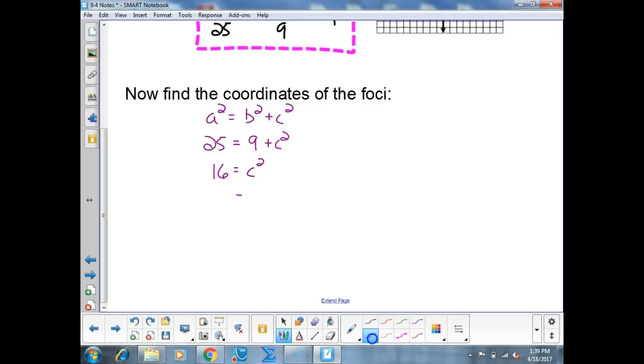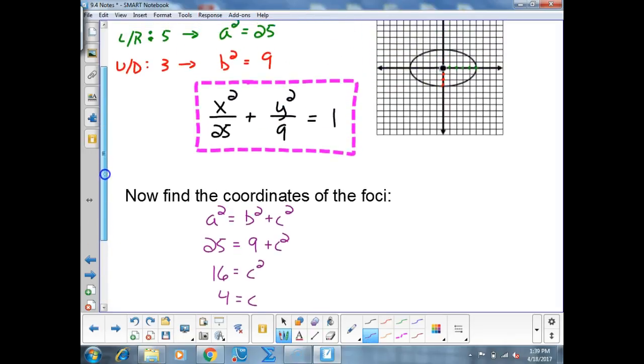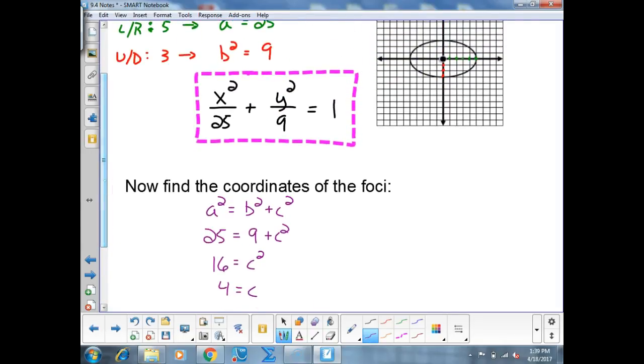Which makes c 4. Now, which one is my major axis? My horizontal one, right? Okay. So from the center, I need to go 4 to the left and 4 to the right. What are the coordinates of those points?